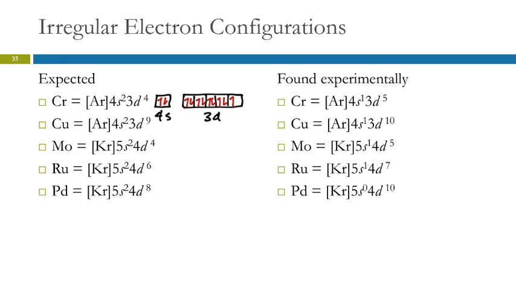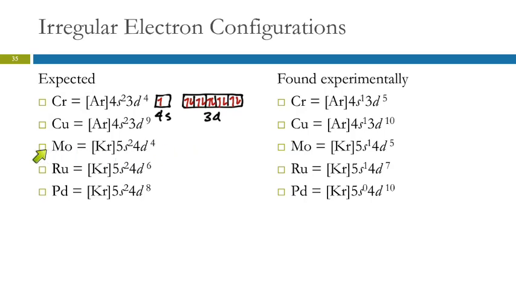What actually happens is this electron moves up here, and now what we've got is this sublevel completely full, and this one is half full. So there's like energy bonuses or discounts when you have levels or rooms that are half full or completely full. So that's what copper does.